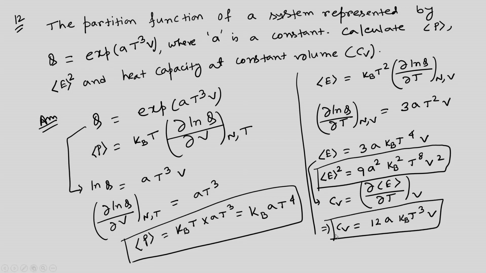The only thing we have to do is apply the equations. We have to do the differentiation of ln Q with respect to V and with respect to T in order to get average pressure and average energy. Once we get the average energy, we can calculate the average energy squared and CV from there.